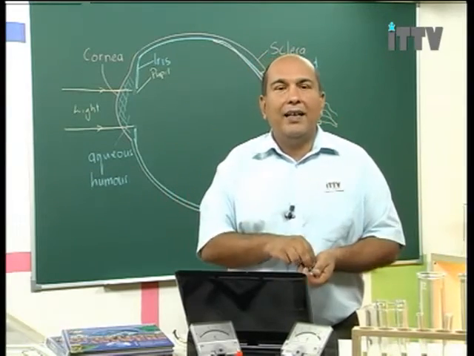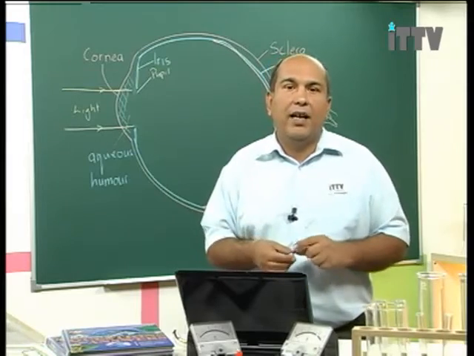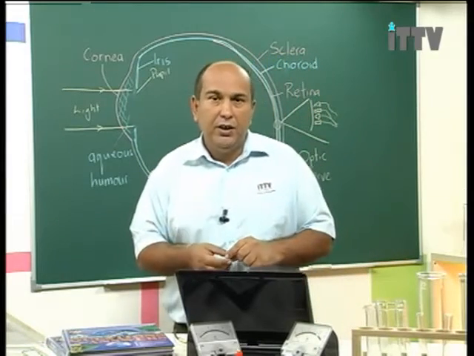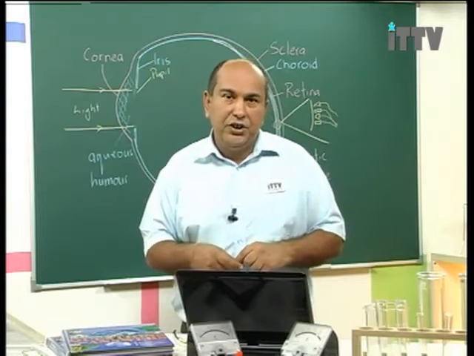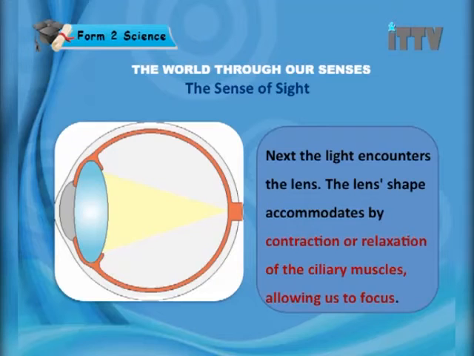Either way, the eye is trying to control the amount of light so that you get the best picture without possibly damaging the eye. Next, the light encounters the lens. The lens's shape accommodates by contraction or relaxation of the ciliary muscles, allowing us to focus.